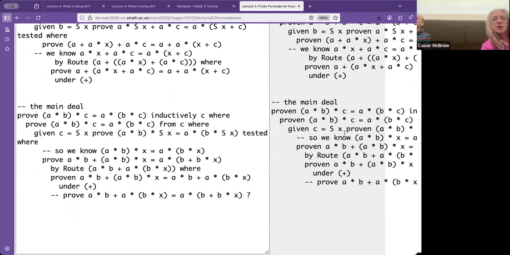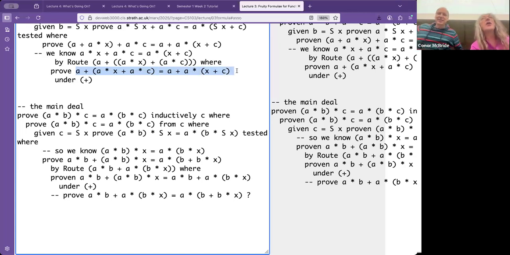So here, we are trying to prove this equation. On both sides of the equation, we have a plus. To the left of the pluses, we've got A. To the right of the plus, we've got this thing on the left and this thing on the right. So under plus is making the explanation that the outputs of these two pluses are equal because the inputs are equal.